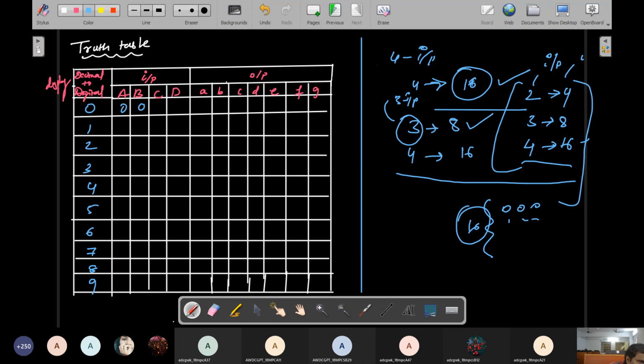See, 0 0 0 0, and 0 0 0 1, and 0 0 1 0, 0 0 1 1, 0 1 0 0, 0 1 0 1, 0 1 1 0, 0 1 1 1, 1 0 0 0, 1 0 0 1 actually.